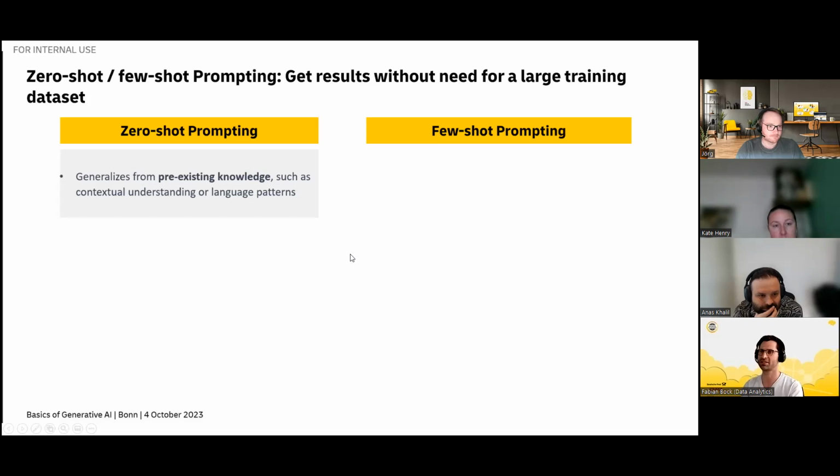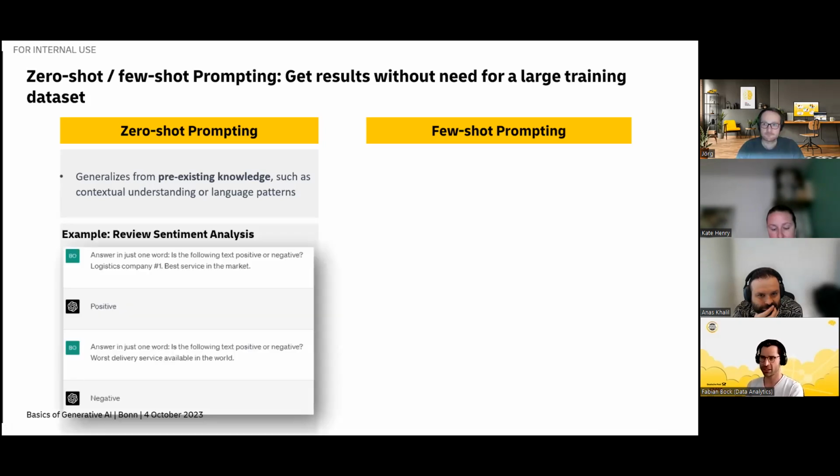And finally, there is an approach called zero-shot prompting and few-shot prompting, meaning you can ask it to show a certain behavior without telling it what it means. So in the past, you would need to have some services to give you a sentiment analysis.